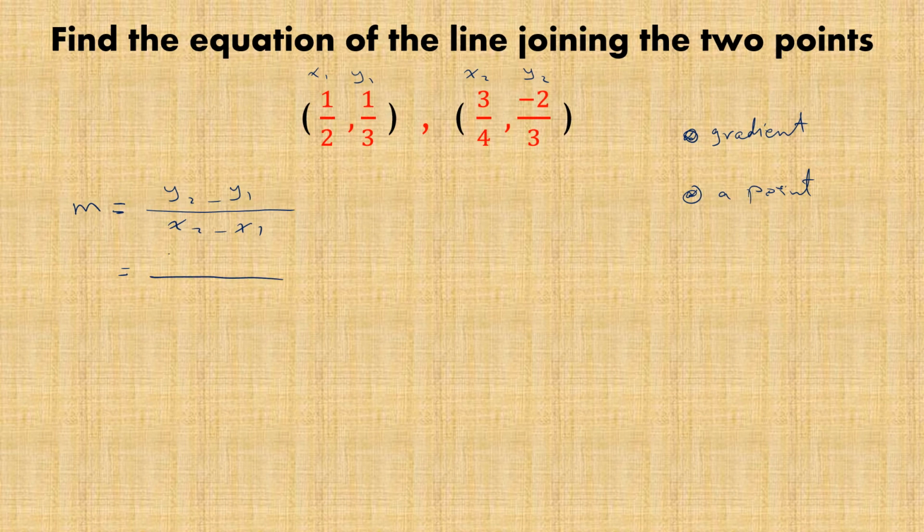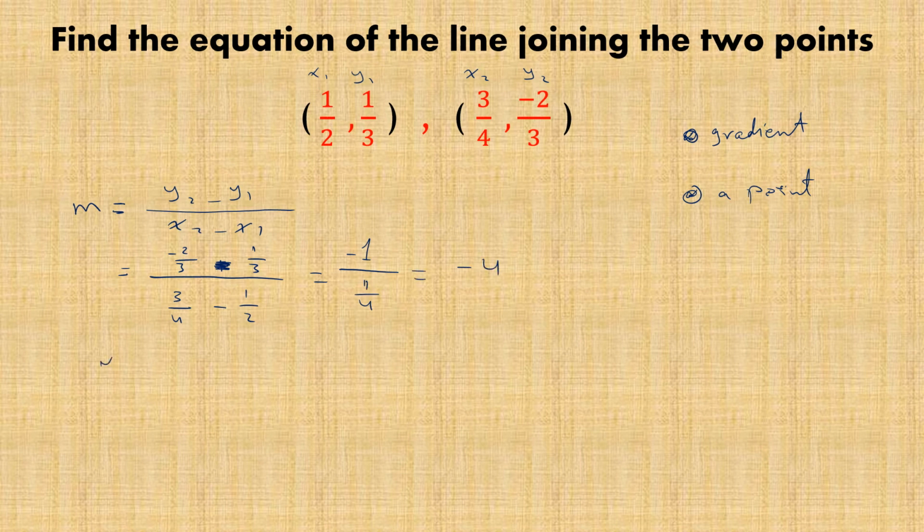It will be negative 2 over 3, sorry, minus 1 over 3 on top, and on the bottom 3 over 4 minus 1 over 2. Up it will be negative 1, down it will be 1 over 4. So in total it will be negative 4.